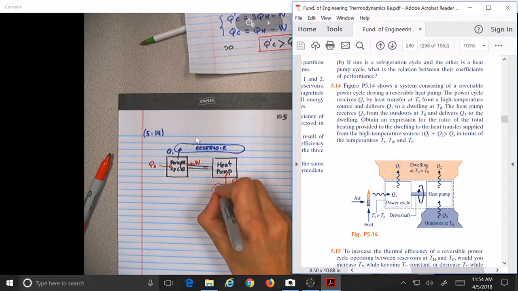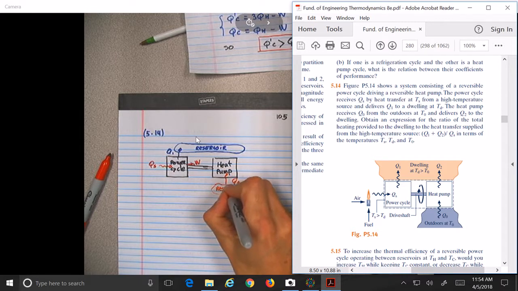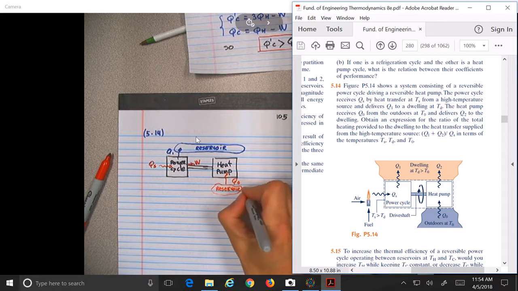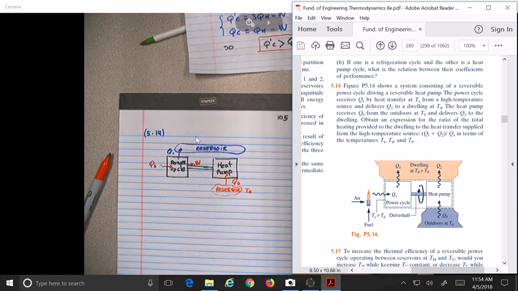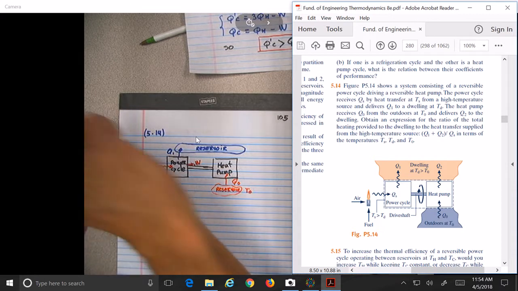So this is another reservoir at temperature T naught, so this is T dwelling.